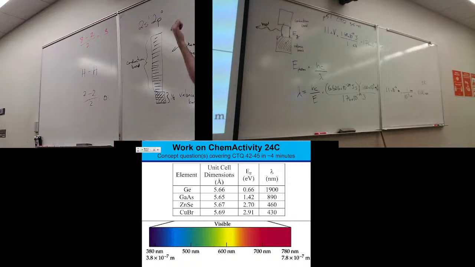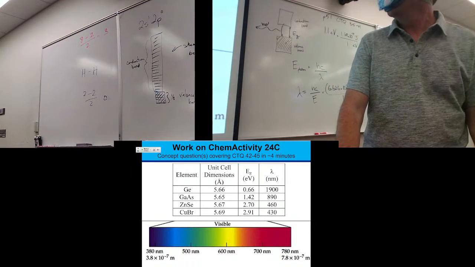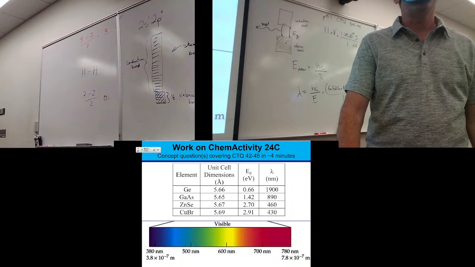Arsenic is going to be a slightly higher electronegativity. So the difference is small, but it's growing. And now zinc and selenium versus copper and bromine, the difference in electronegativity is getting bigger and bigger and bigger. And notice what's happening to the band gap. As your difference in electronegativity is growing, the band gap is growing.